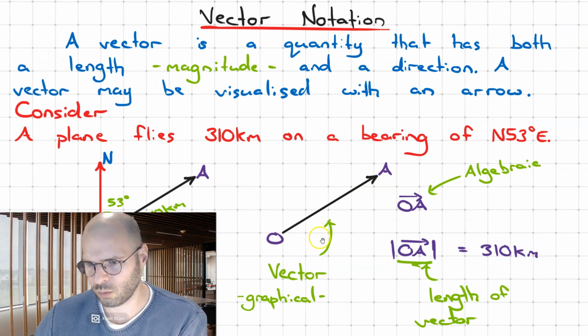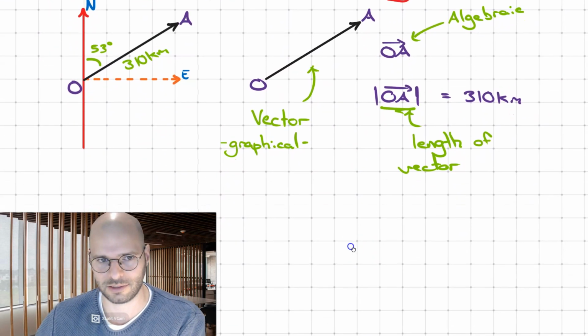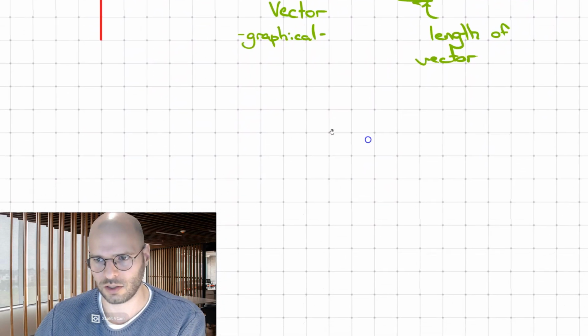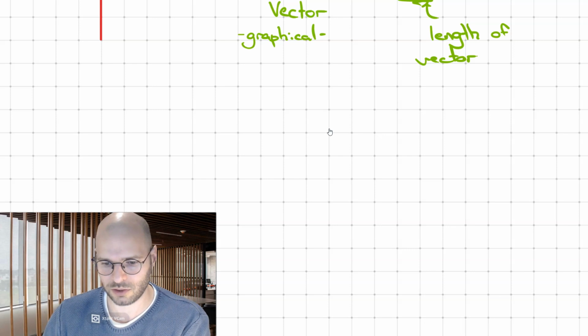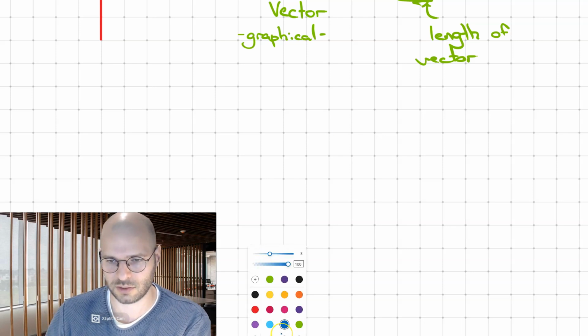Now suppose we wanted to represent it using algebra. We of course can use this notation here, but there's at least 3 different ways that we're going to look at, so 2 more. There might be more, but again it's outside the scope of this course. So the other ways in which we can do this are using tilde notation, or we can use bold notation.